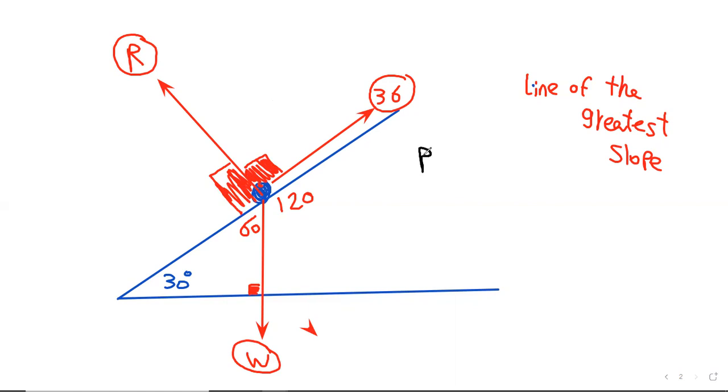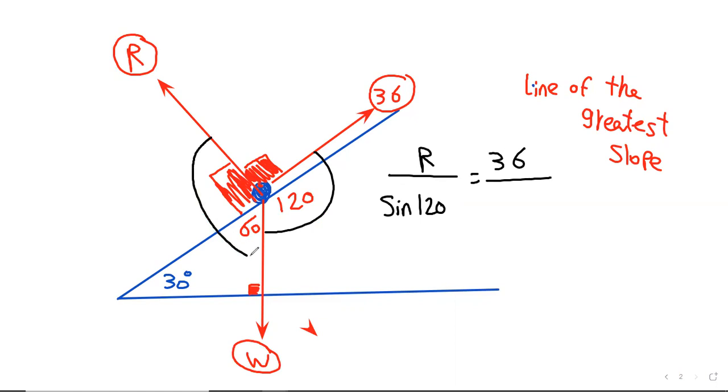We will write R divided by sine the angle between the other two forces, sine 120, equals 36, the force, over sine the angle between the other two forces, sine 150, equals W over sine 90. This is Lami's rule.